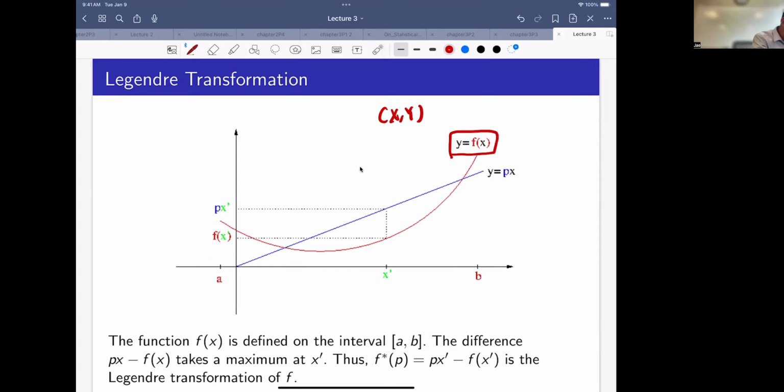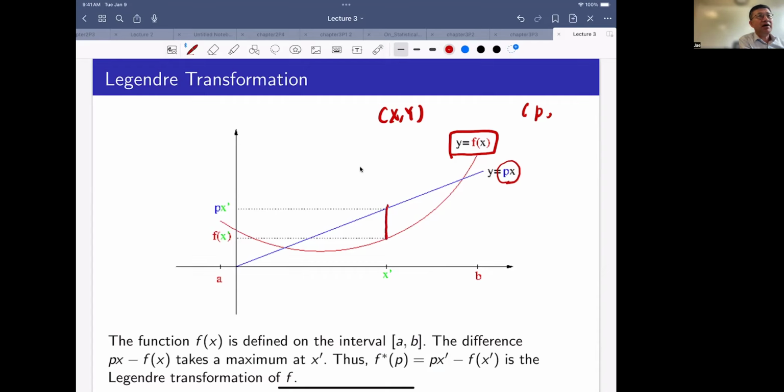Another way is with a slope P and an intercept. P is a tangent, so you can think of a line. You vary P, and for each P you find the maximum intercept.